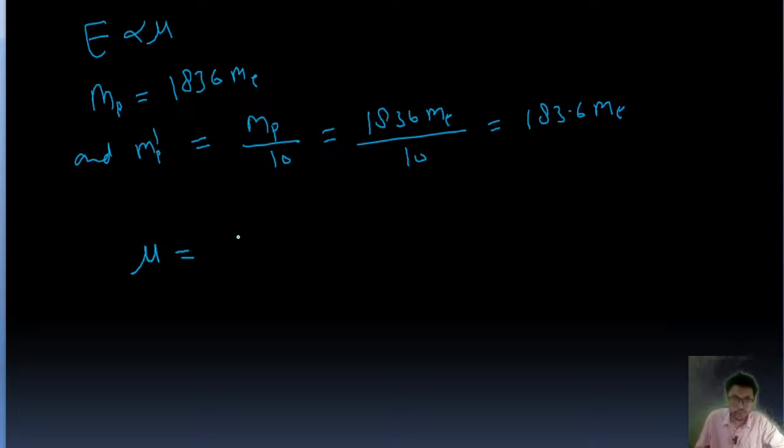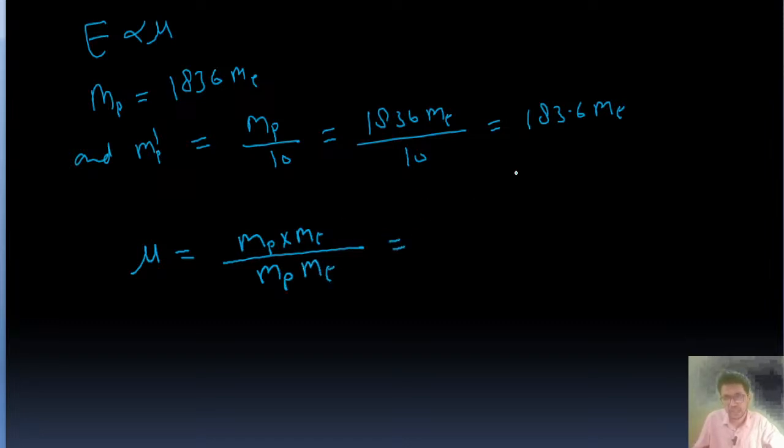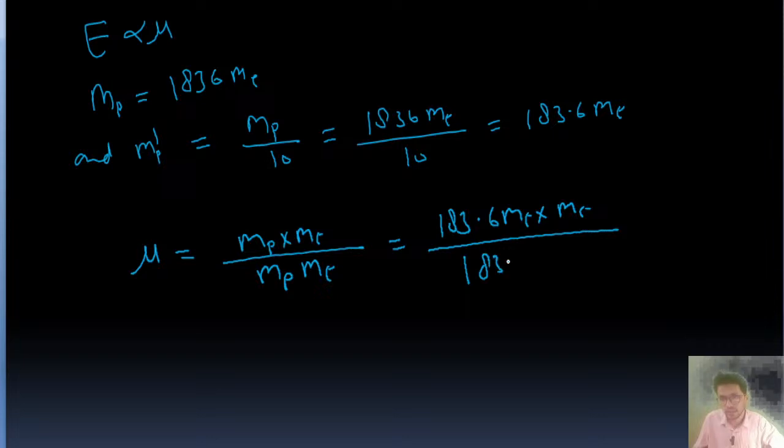Mu we know, right? Mu is mp into me upon me plus mp, for the hydrogen case. So it's a nucleus, and this is mp, me, and we know the value of mp is 1836 me. So upon this, 183.6 me plus me, so me will get cancelled.